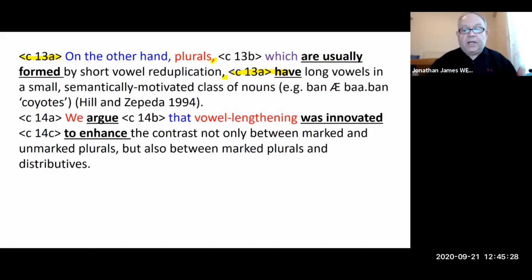And what they did in the abstract is communicate an idea. So you begin to see a lot of verbs that project, verbs that are, we might say, verbal. All right, we argue. And it's the that, it's a that clause, it's a projected clause. Was innovated, passive voice. 14C, to enhance. To enhance, again, is the verb. Again, it's a non-finite verb. It expresses the purpose.